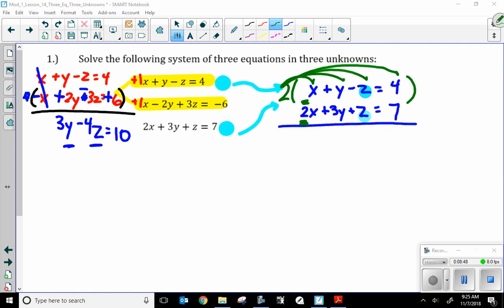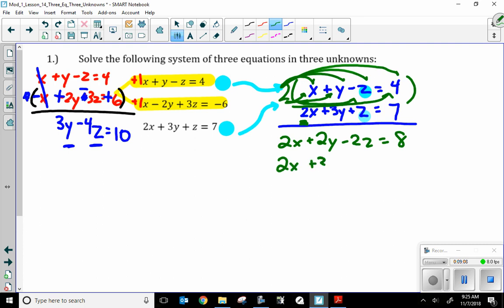So I have 2x plus 2y minus 2z equals, so now 8. And then I'm just going to rewrite my second one as it is because there's already 2x there. 2x plus 3y plus z equals 7.